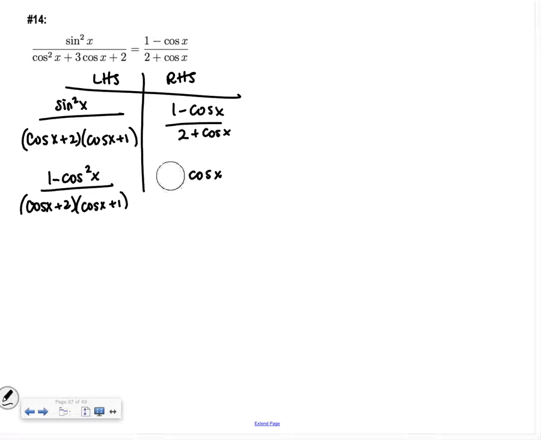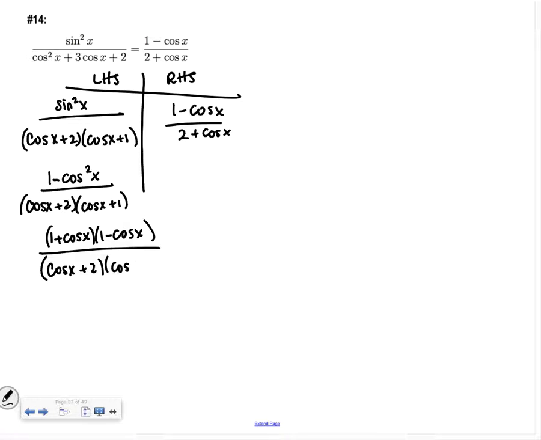Okay, so I'm going to have 1 plus cosine of x times 1 minus cosine of x all over cosine of x plus 2 times cosine of x plus 1. So 1 plus cosine of x is the same as cosine of x plus 1. So I do get the same thing in the end. So my right-hand side equals my left-hand side, and I'm good. I guess I should write that last step. All right.